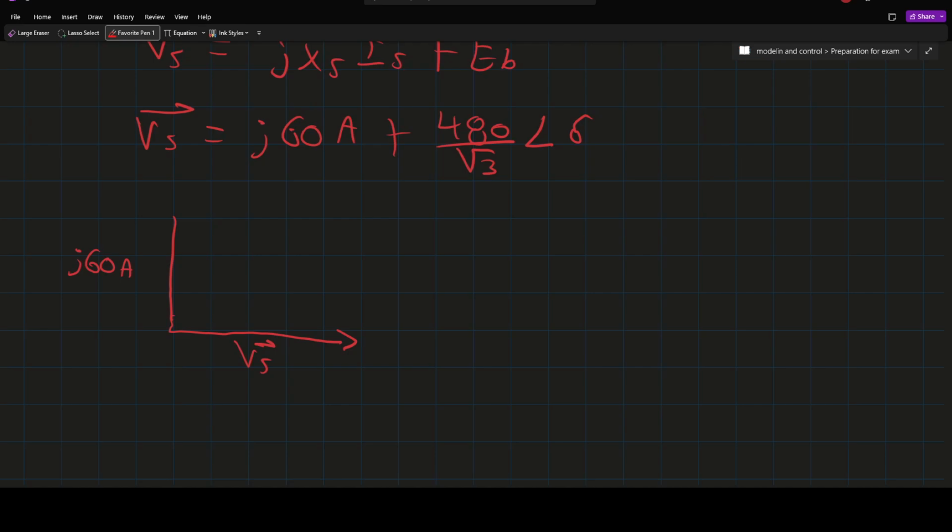And if we add this vector with this vector, we get VS. So over here we are going to have our 480 over square root 3. That's 277 at an angle of sigma. Okay.